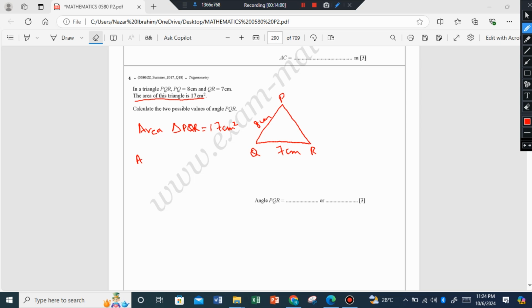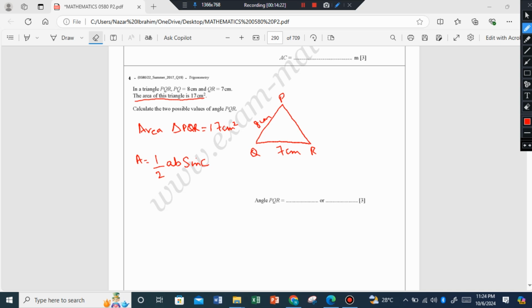That is, area is equal to half ab sine C. What this formula tells us is that if two sides and the included angle, meaning the angle which these two sides are forming, are known, right?